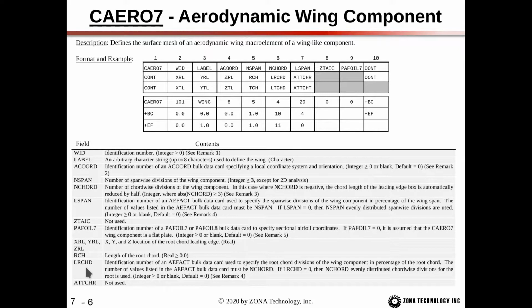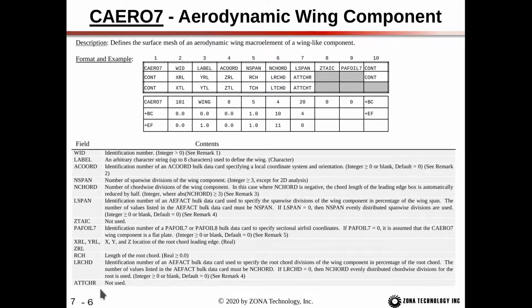And then LRCHD optionally refers to an AEFACT card to specify the left-hand side chord-wise divisions. If it's blank, of course, even divisions are used unless you had a negative number up in NCHORD. Otherwise you can refer to an AEFACT card to specify your own chord-wise divisions of the wing.